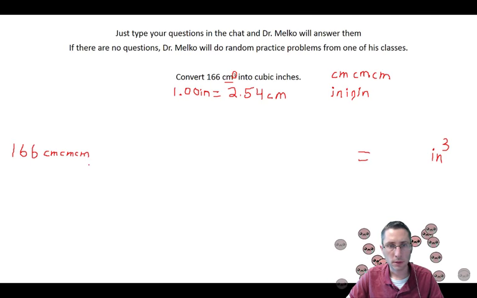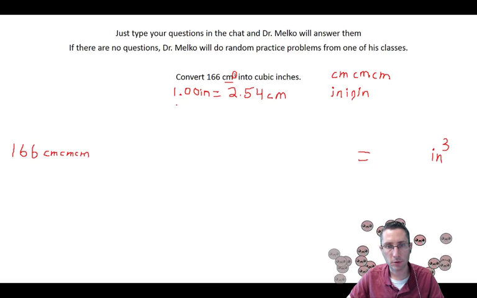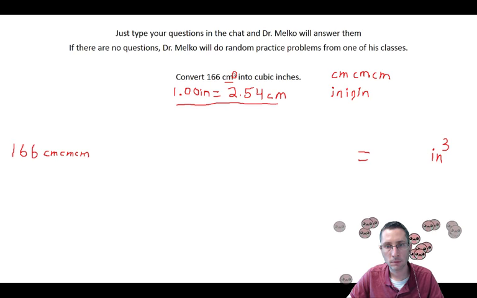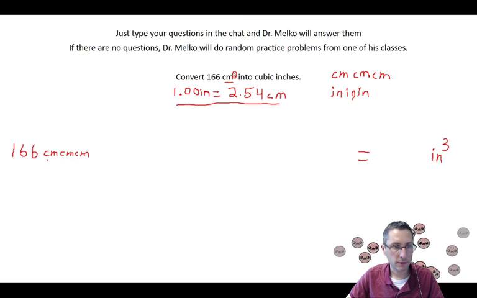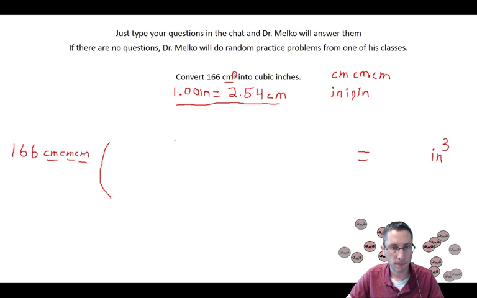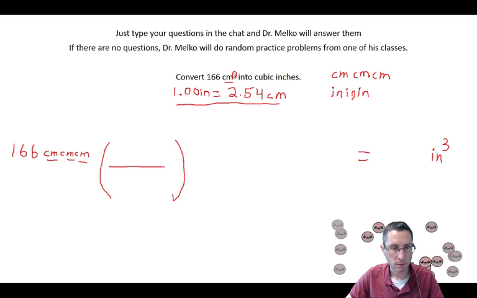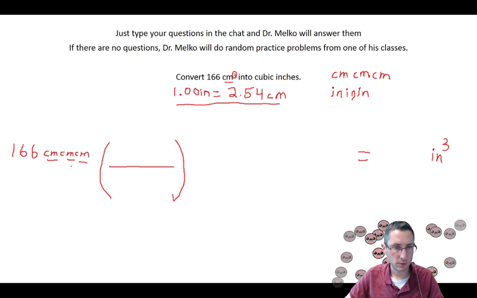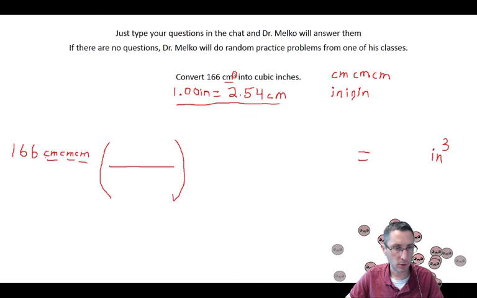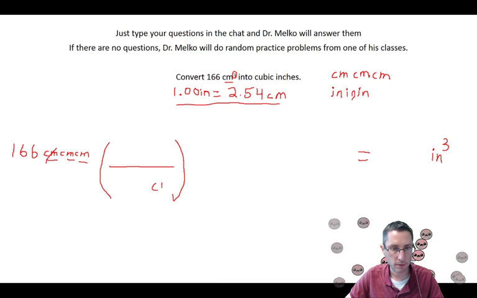Okay, so how do I solve this? Cubic inches, cubic centimeters, 1 unit factor. I like to write out this centimeters 3 times, but I'm going to cancel them one at a time. So this first centimeters I need to cancel, so I'll write centimeters down here.